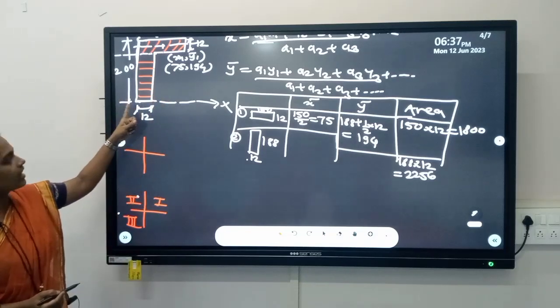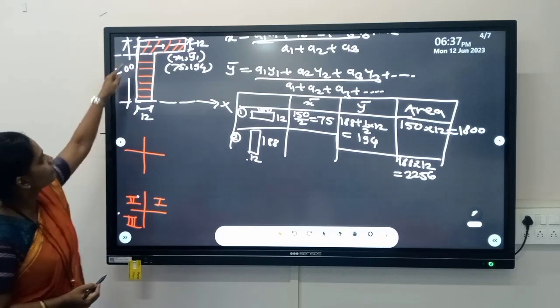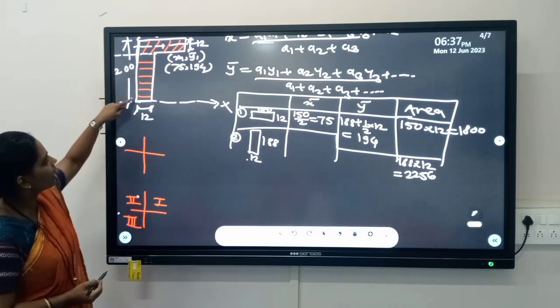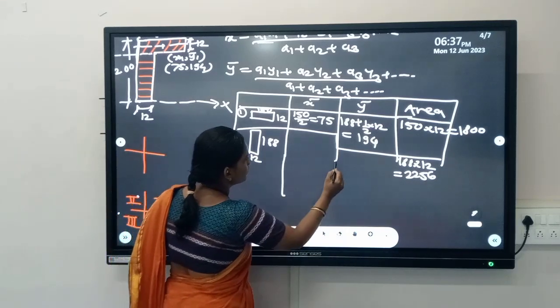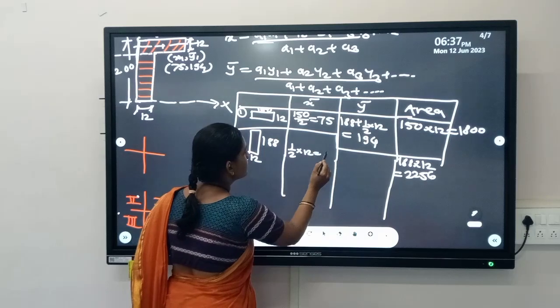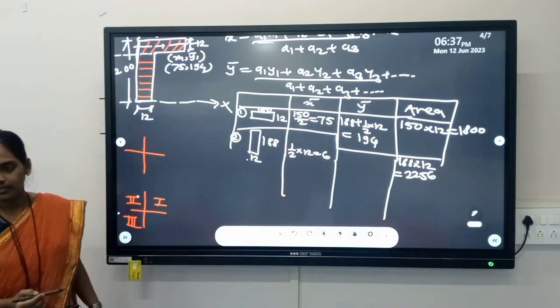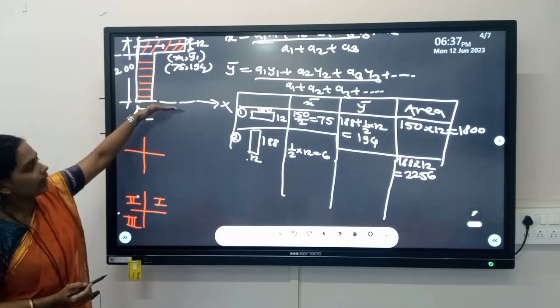The x component we are measuring from the vertical y axis. So it is half of 12, so x bar becomes 6 mm. Then we are concerned about the y component, measured from the x axis.